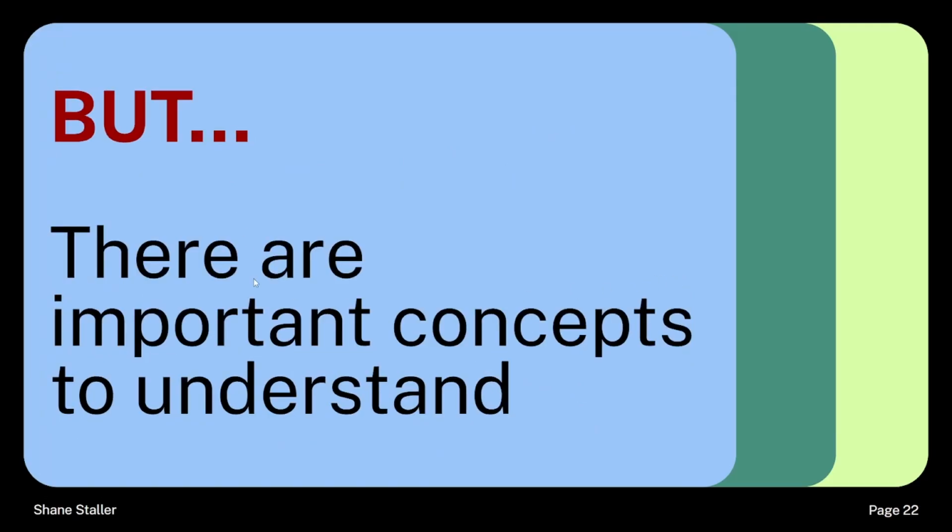But I do feel that there are important concepts you need to understand. And those important concepts are the ones I presented here today: emotion, tension, and the flow state. These are things that have been studied in relation to games for a long time, and they're not the end-all, be-all of game design, but they are very important to understanding the fundamentals of game design.